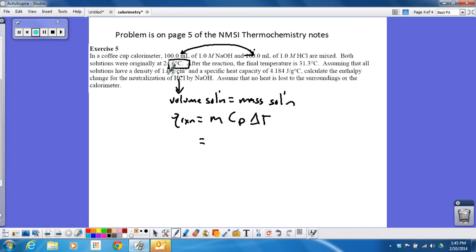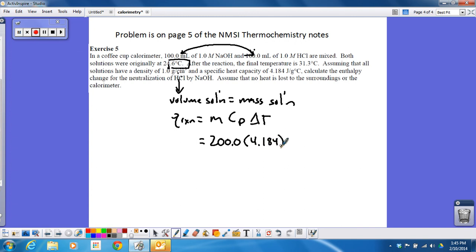We're assuming the solution is 1 gram per cubic centimeter. So if I have 200 milliliters of solution, I have 200 grams of solution in that cup when they are mixed. The specific heat is 4.184.